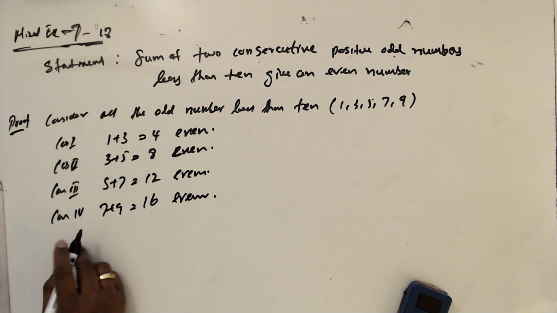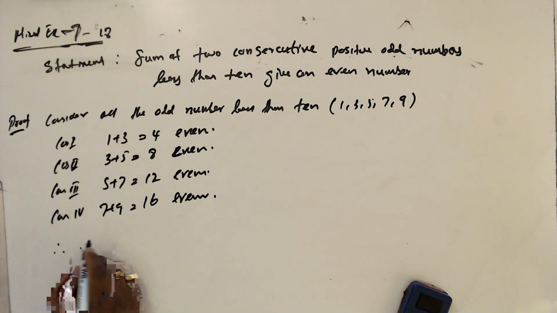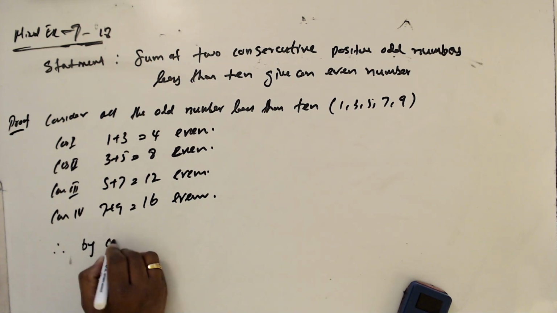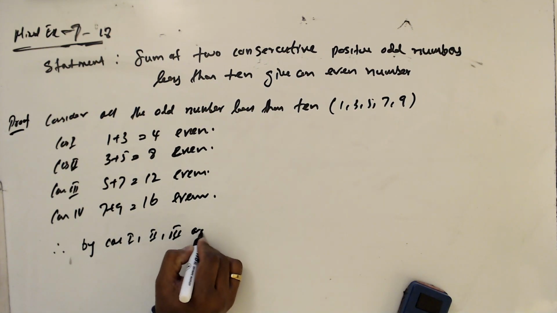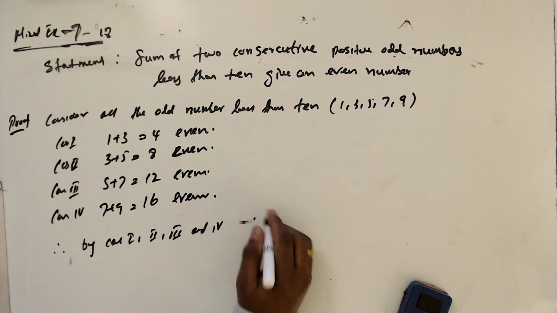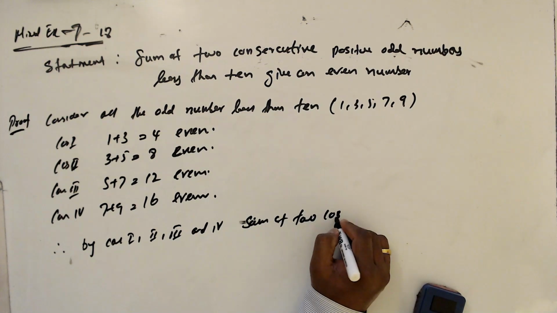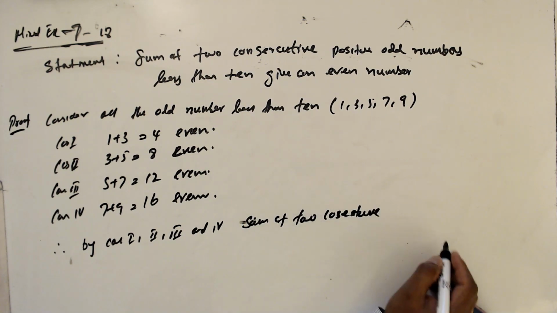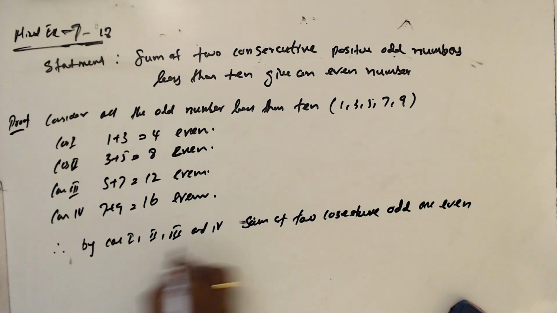So hence, by cases 1, 2, 3 and 4, the sum of two consecutive odd numbers is even.